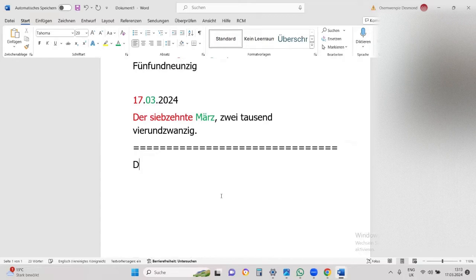Now, the Uhrzeit talks about the time. In the German language, we have two ways of saying time. We have the formale Uhrzeit, which is the 24 hours clock.